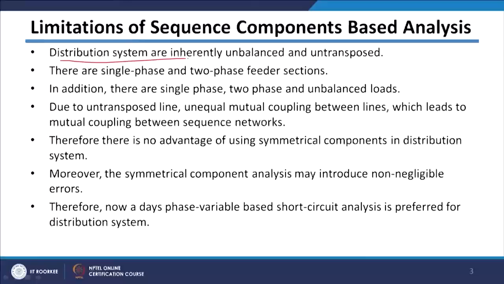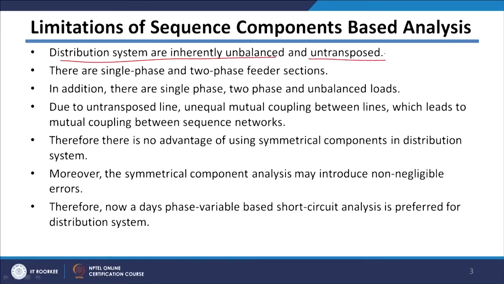Now, let us see what the limitations of sequence component based analysis are and why it cannot be used in distribution systems. It can be used, however, it will introduce error, and we will see the sources of that error. Distribution systems are inherently unbalanced and untransposed.